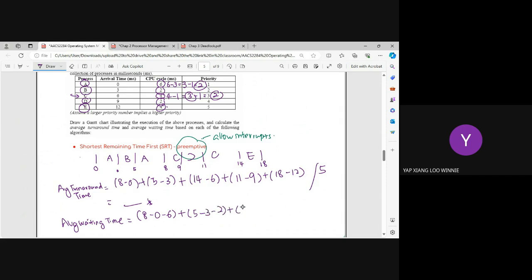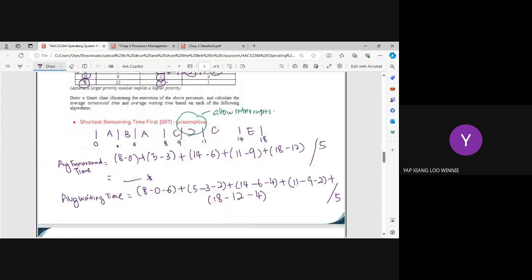Then C, ends at 14, arrives at 6, with a CPU cycle of 4, followed by D, ends at 11, CPU cycle 2, arrival time of 9. The last one, E, ends at 18 milliseconds, arrives at 12, with a CPU cycle of 4. That's it. You divide by 5, because there are 5 processes here, and you get the average value.